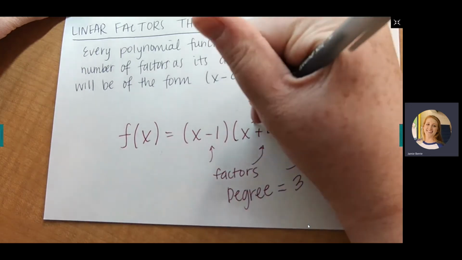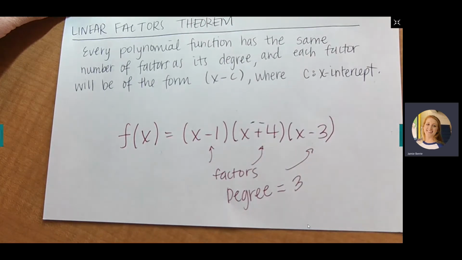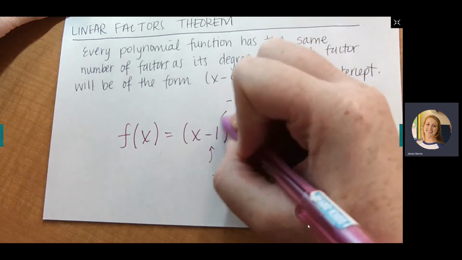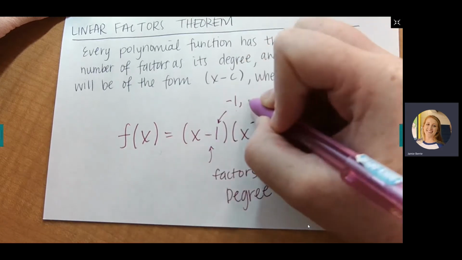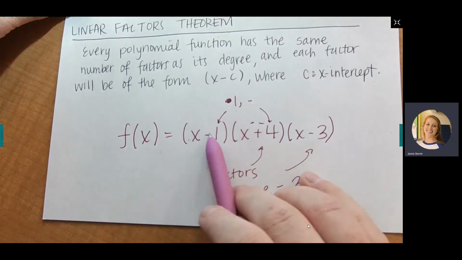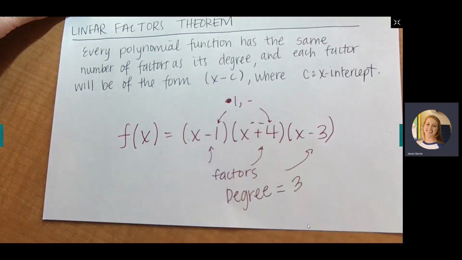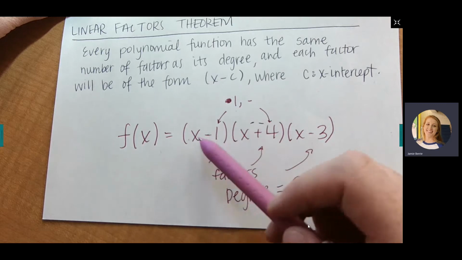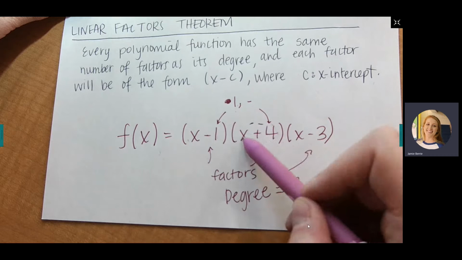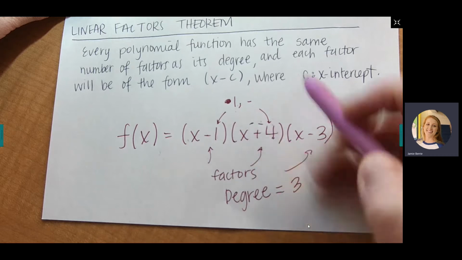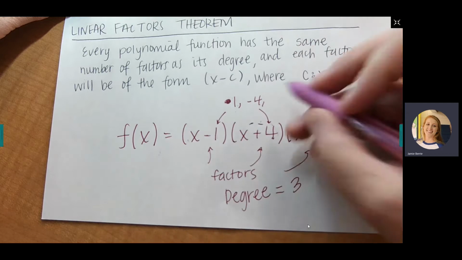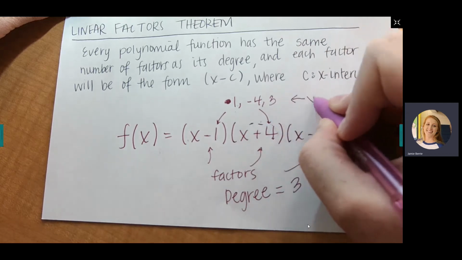So x minus negative 1, sorry, that's plus 1. X matches with x, minus matches with minus, 1 matches with c. That was my bad, sorry. So one of the x-intercepts is -1, this one is -4, because x minus c, so c is -4. And the last one, x minus c, so c must be 3. Those are the x-intercepts.